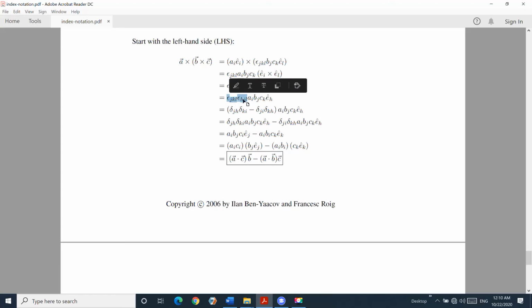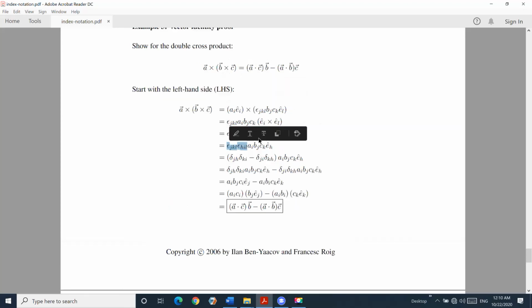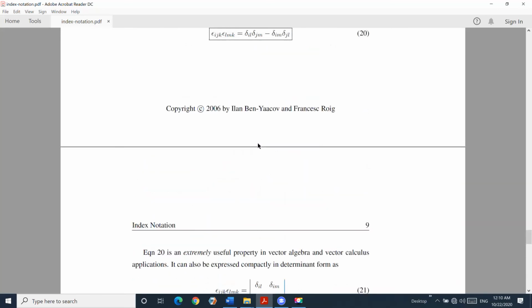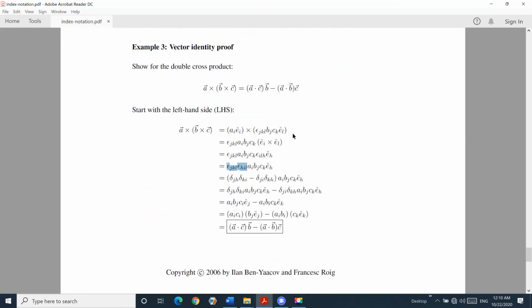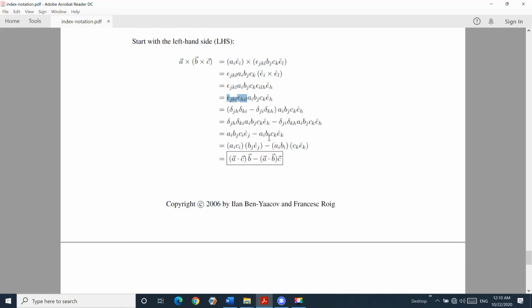The product of these permutation symbols gives this result. We should remember from here like this. When we switch this result, then we obtain these two terms multiplied by these terms, then minus the multiplication of these terms gives that.